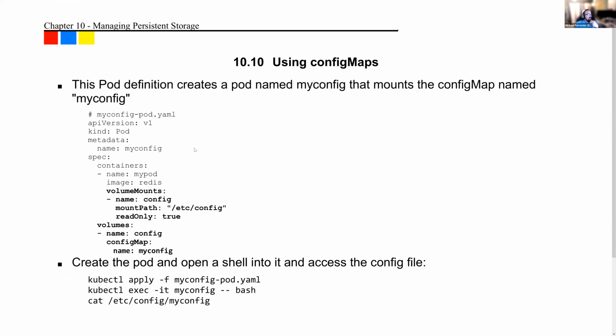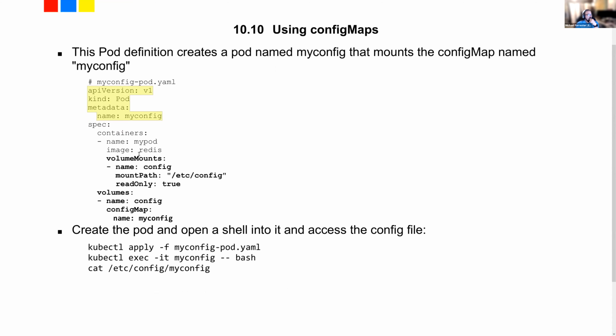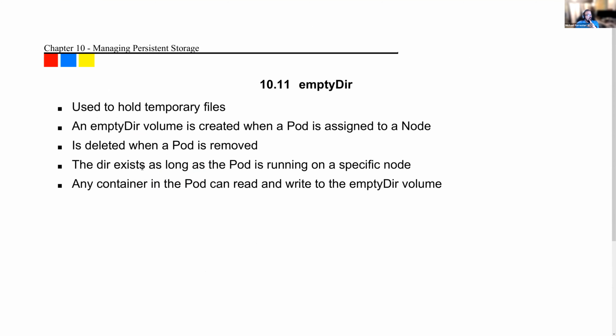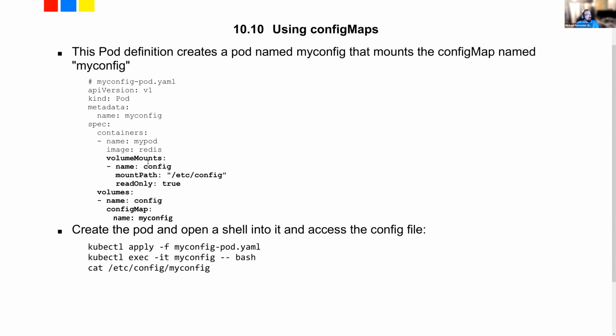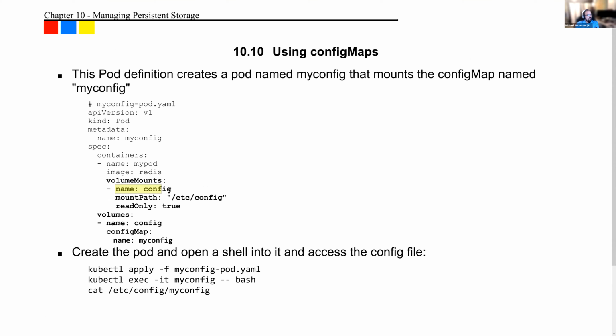So look at this. This is a pod definition. It's got a container spec, right? And it's basically mounting a volume mount with the name config, and it's mounting it on /etc/config. Now, where's the volume? Oh, all right. Don't do that. No, so notice this, the name says config. Notice that it's set to read only, and it's going to mount it at /etc/config.